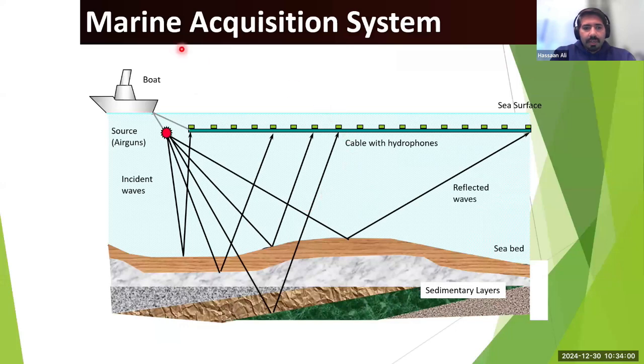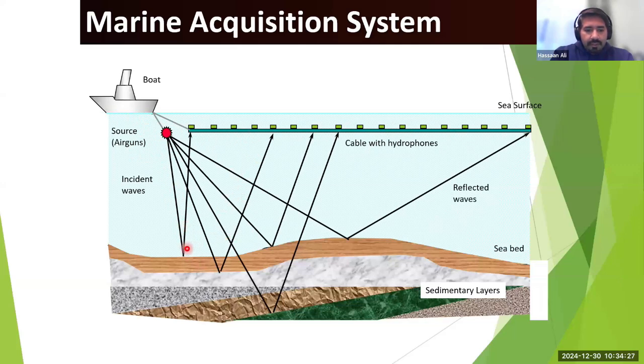This is a common schematic of a marine seismic operation. There is a boat towing a cable with many hydrophones. It has one cable which is connected with the hydrophones and one cable which is connected to the air guns. The air guns are shooting high pressured pneumatic waves into the ocean. These waves get deflected.